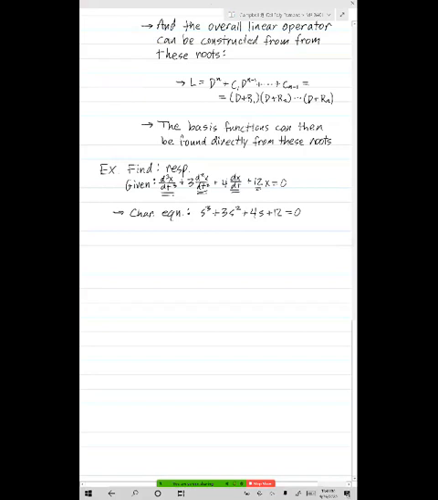Now we can take some time to figure this out, but I think you can see pretty quickly that the roots are s plus 3 and s squared plus 4, all that being equal to 0.